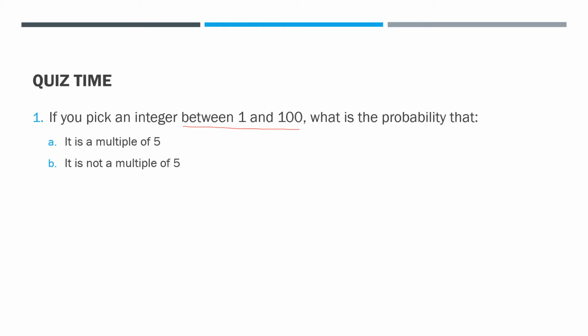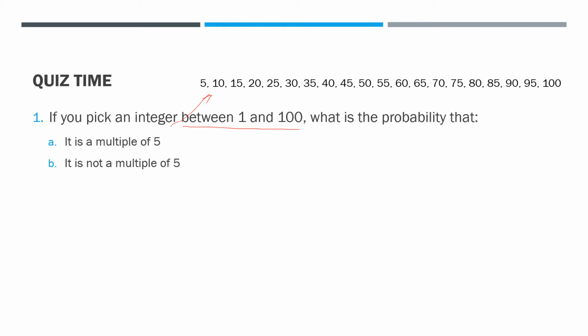Okay. Now, so multiple of 5. So what are the integers between 1 and 100? Let's assume that that includes 1 and 100 also. What are the integers between 1 and 100 which are multiples of 5? So I've written them down here. That would be 5, 10, 15, 20, etc., all the way up to 100.